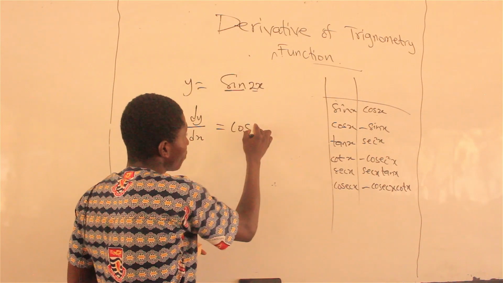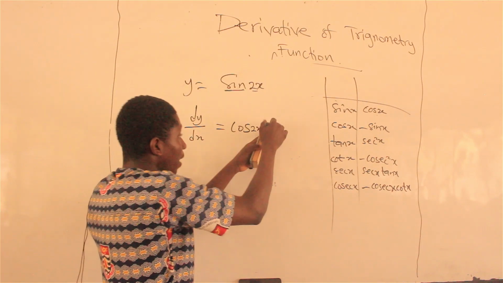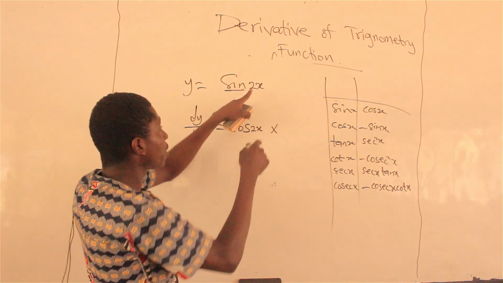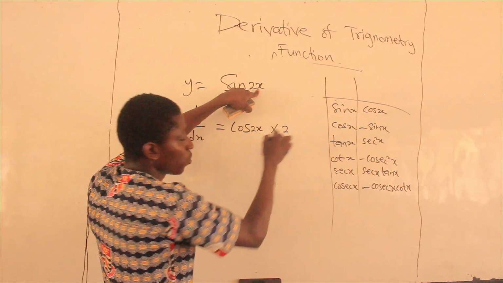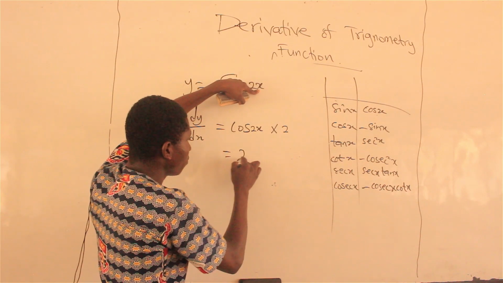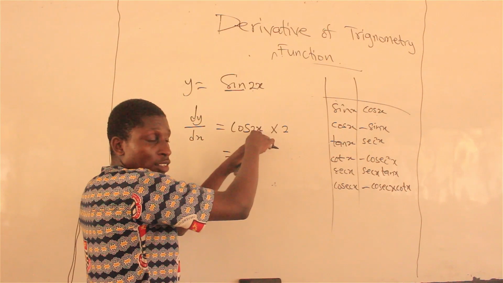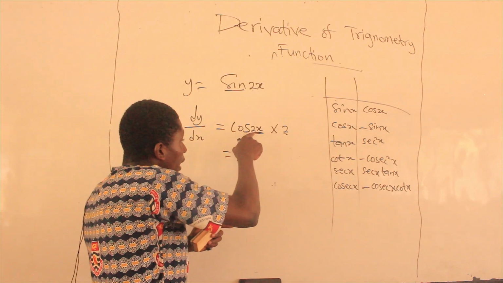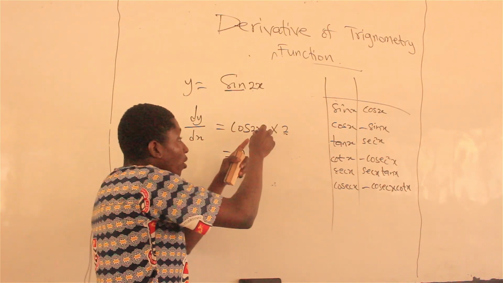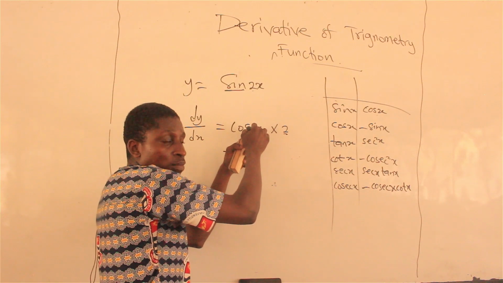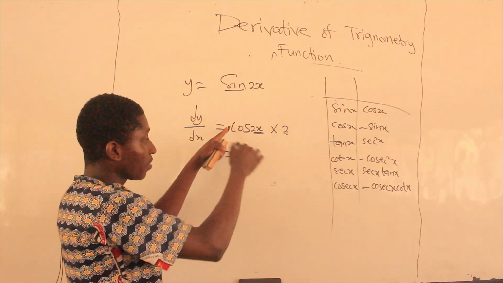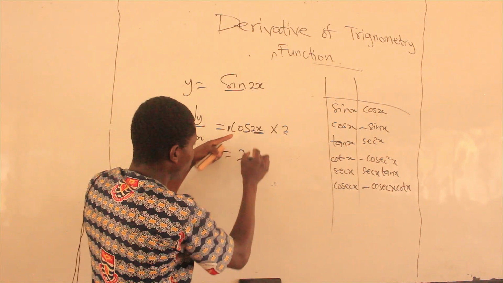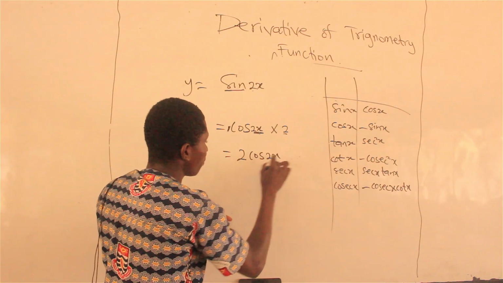Then you maintain the angle, times, you differentiate only the angle. So when you differentiate 2s, you get 2. Note that you cannot multiply this by this, because this is an angle, but this one is just a number. So you cannot say 2 times 2s will be 4s, no, because here it's just an angle. So you multiply by the coefficient. So 2 times the coefficient, that's 1. Now it'll be 2, then maintain this one: cos 2s.